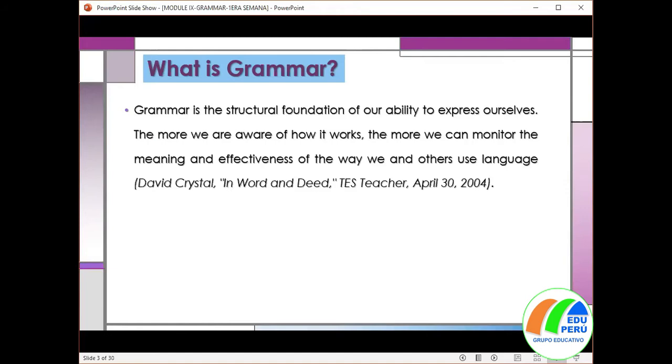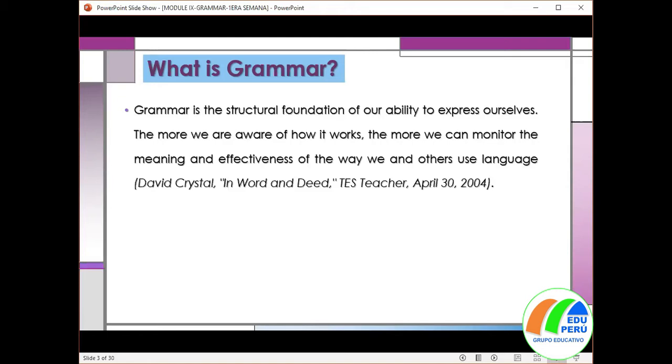So according to this person, grammar is the structural foundation, the base, of our ability to express ourselves. When we talk about express, it doesn't mean just writing. We also say it about speaking.